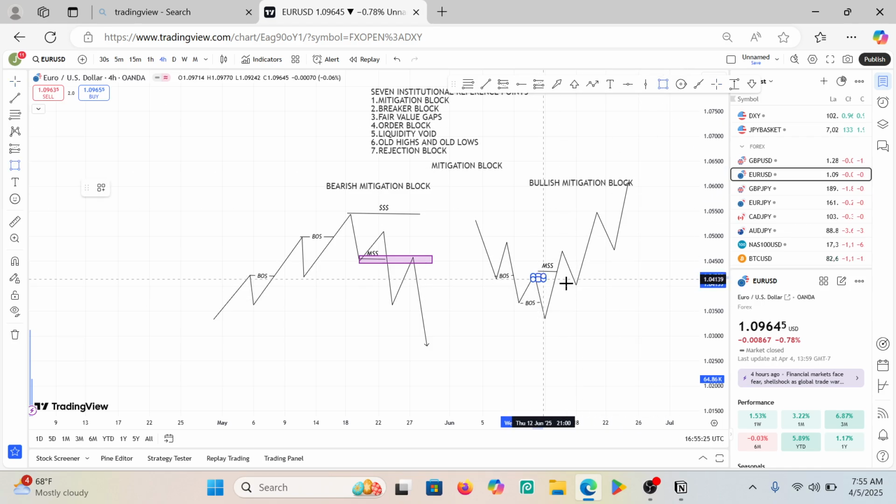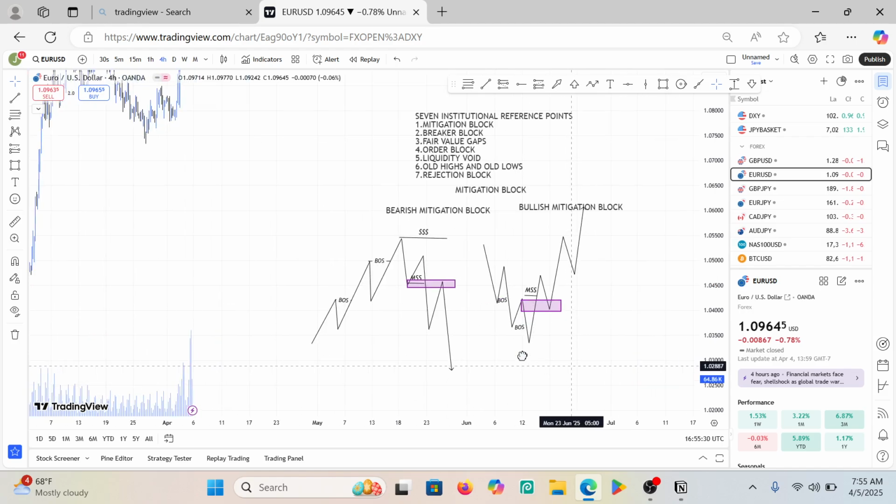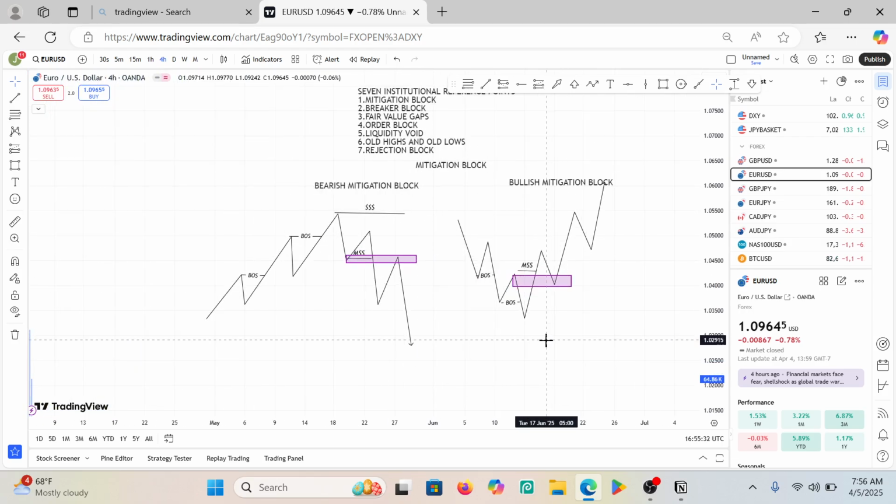Our mitigation block is this one. It's a bullish mitigation block.